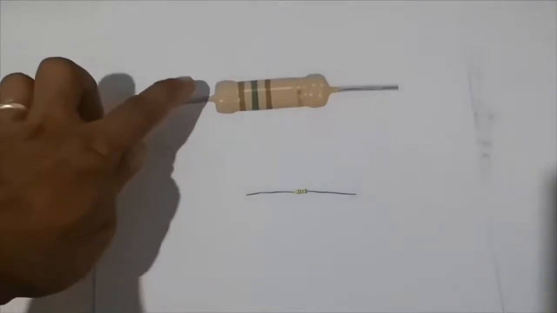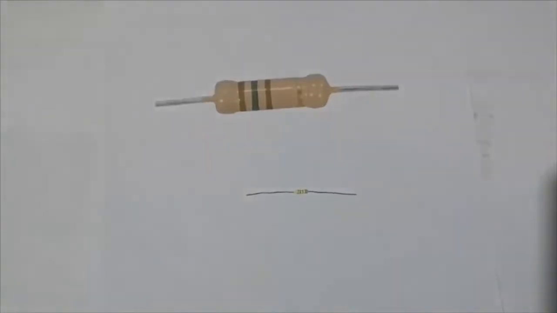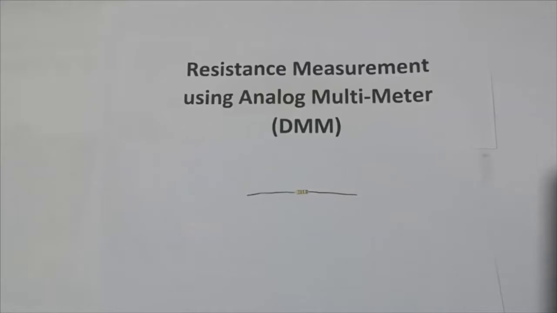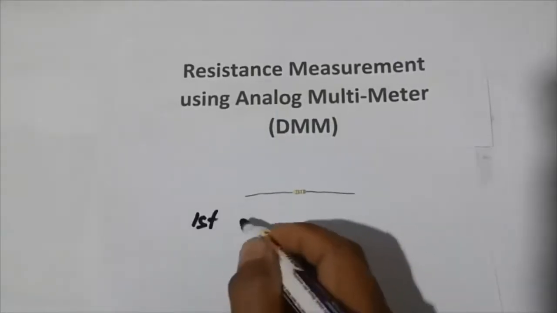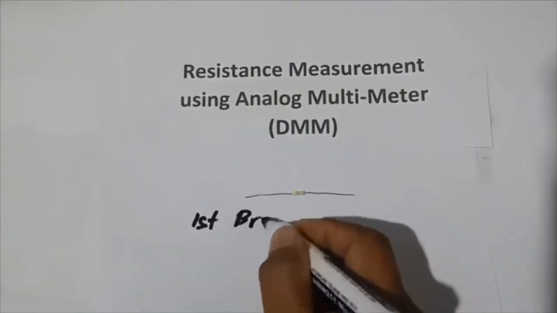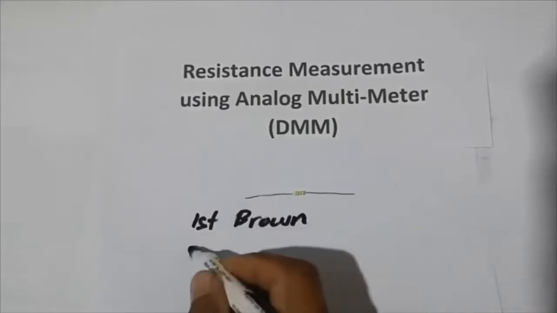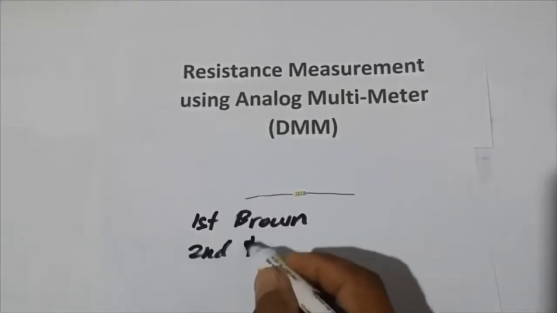Now I will use the analog multimeter, or the VOM, for the resistance measurement. But first, let us compute for the value of the color codes written in the body of a resistor. The first color band is brown. The second is green. And the third is brown.